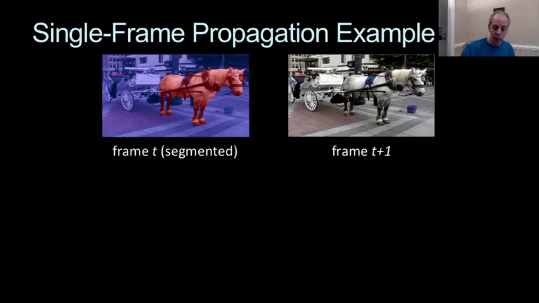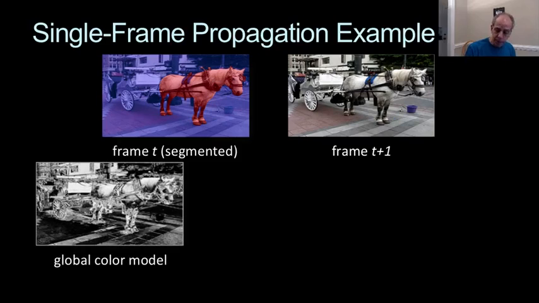Let's just illustrate how important this is. We have here one frame segmented. We have the horse segmented out, and we're going to want to segment the next frame. So first of all, why local? Remember, having this frame, we have blocks around it, and we do everything locally.